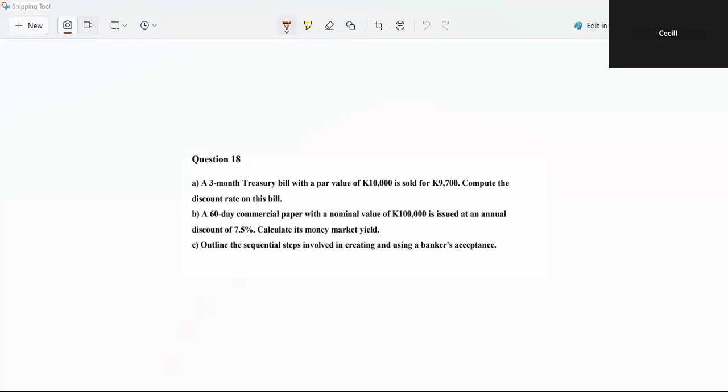Okay, I can identify what we are given. We have the face value, which is 10,000 kwacha. Then the 9,700 is the purchase price, the selling price.